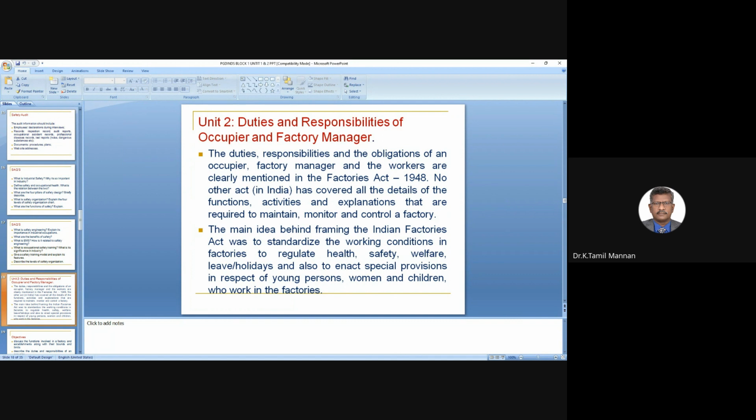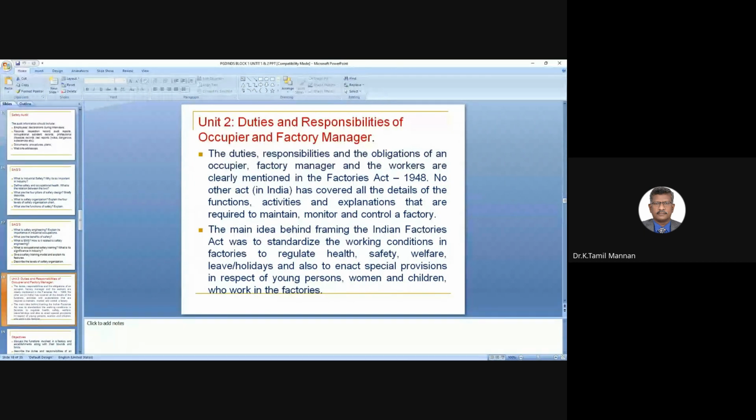What are the rules, duties, responsibilities, and obligations of all three categories: the owners, managers, and workers? They should be properly defined in the Factory Act 1948, and they have to follow the guidelines of the Factory Act 1948. No other act in India has covered in such detail the functions, activities, and explanations that are required to maintain, monitor, and control the factory.